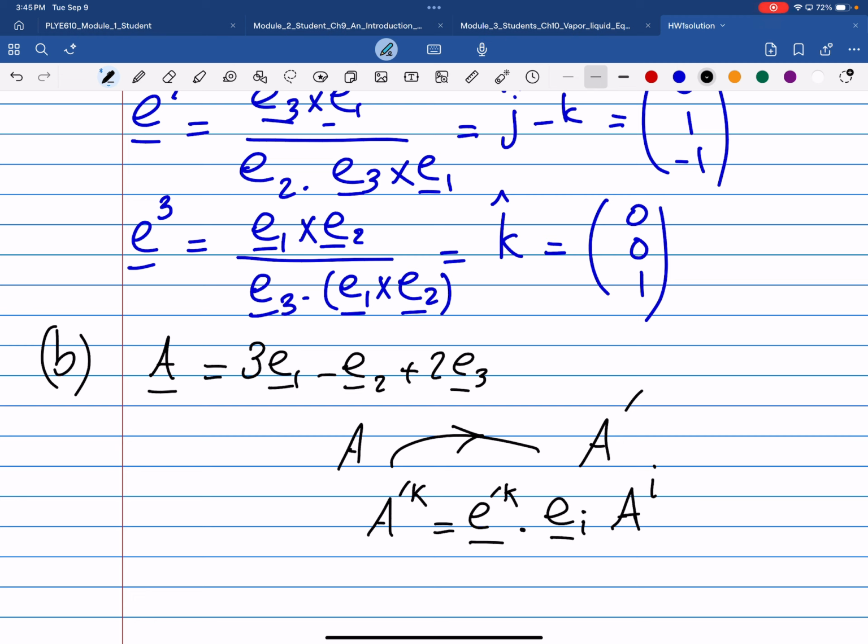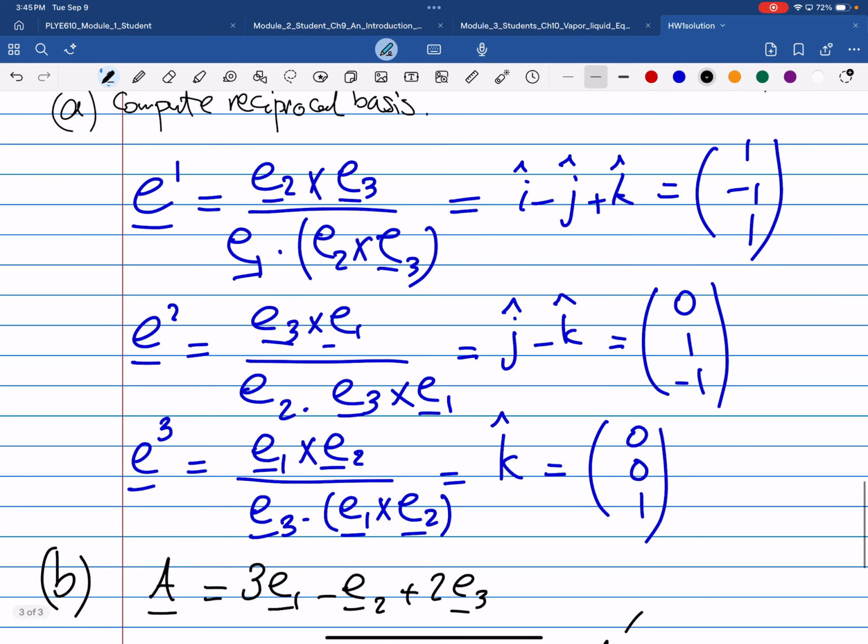So if you have the reciprocal basis of your transformed coordinates, basically that coordinate system, those three E's that we have determined here, these are just going to be the regular unit vectors of the transformed coordinates.